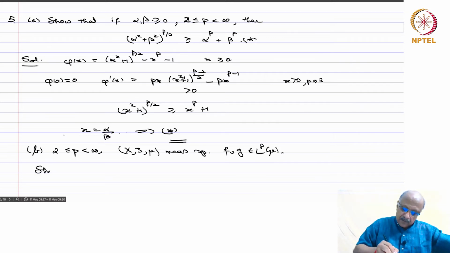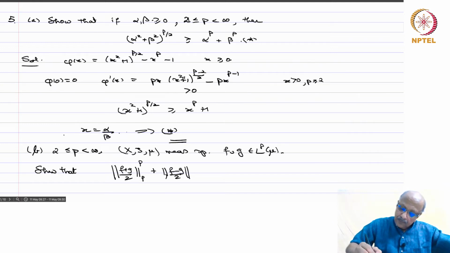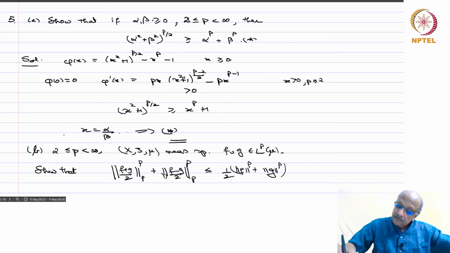Show that the norm of (f plus g)/2 in L^p, whole power p, plus the norm of (f minus g)/2 in L^p, whole power p, is less than or equal to 1/2 (norm f^p plus norm g^p). This is called Clarkson's inequality.